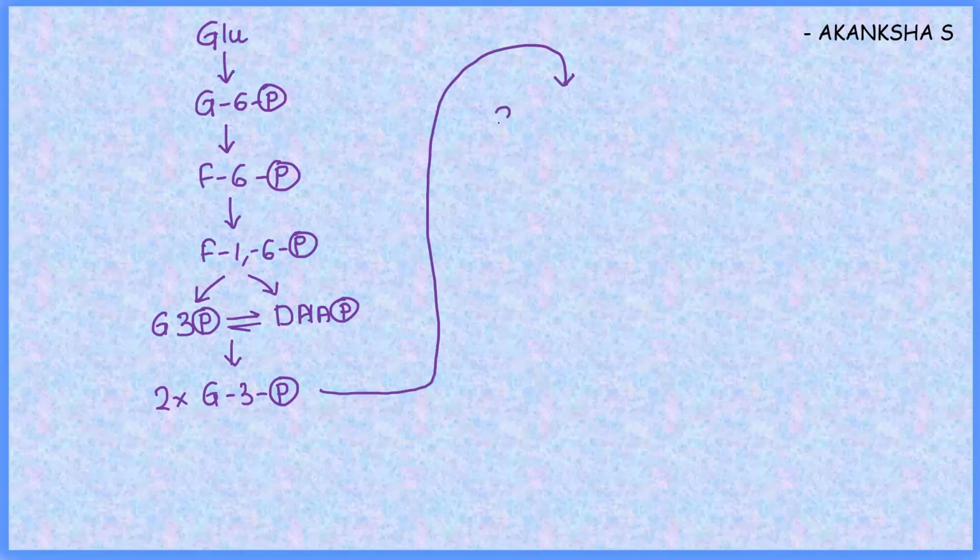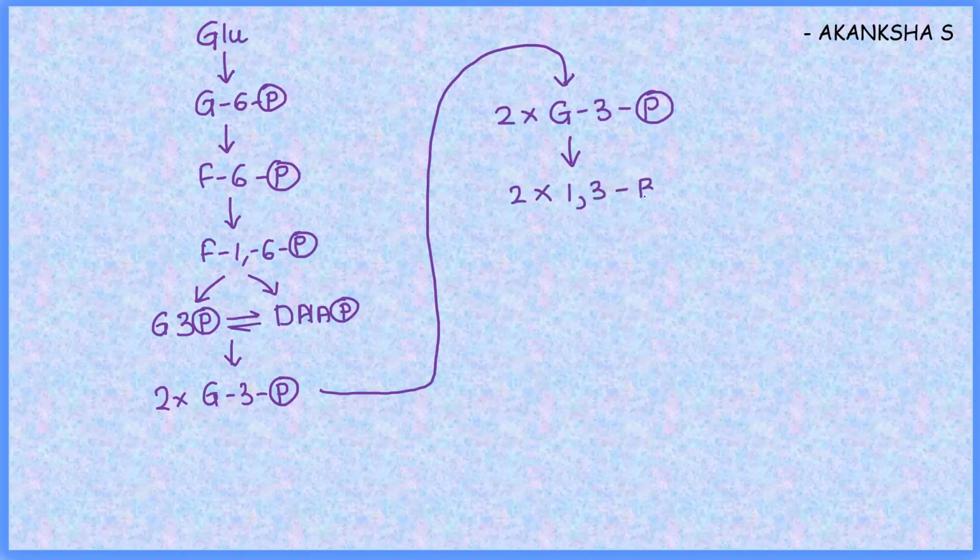In the payoff phase, the 2 molecules of glyceraldehyde 3-phosphate converted into 2 molecules of 1,3 bisphosphoglycerate or bisphosphoglyceric acid. Okay. Then there was a removal of phosphate group and we were left with 3-phosphoglycerate. There was a mutase enzyme resulting in 2-phosphoglycerate.